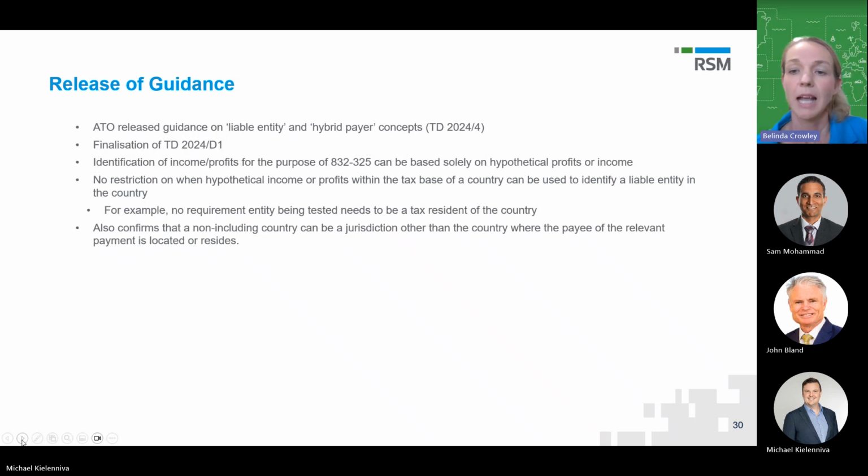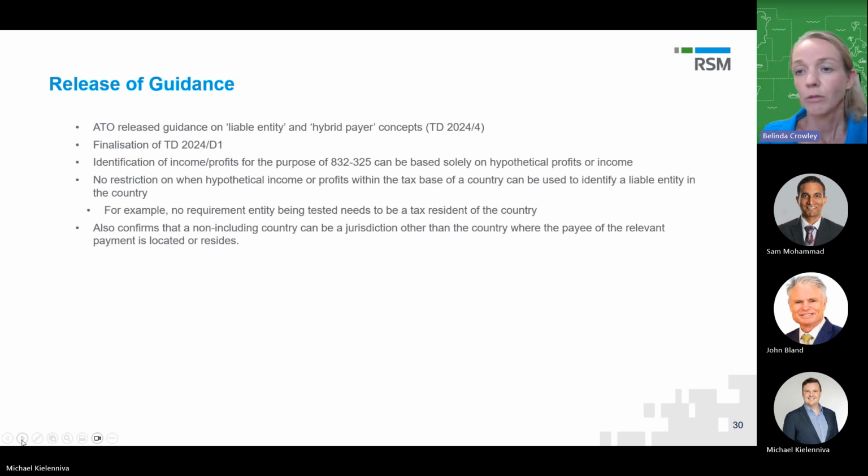The ruling goes on to say that the purpose of the section is not to work out which entity does pay tax in a country, but rather whether the entity could be liable to tax in a country. So that clarifies, I guess, an area where there was perhaps some disagreement on the interpretation of the legislation.